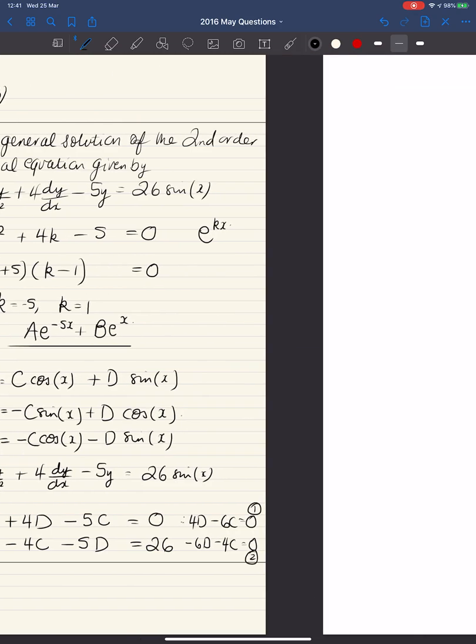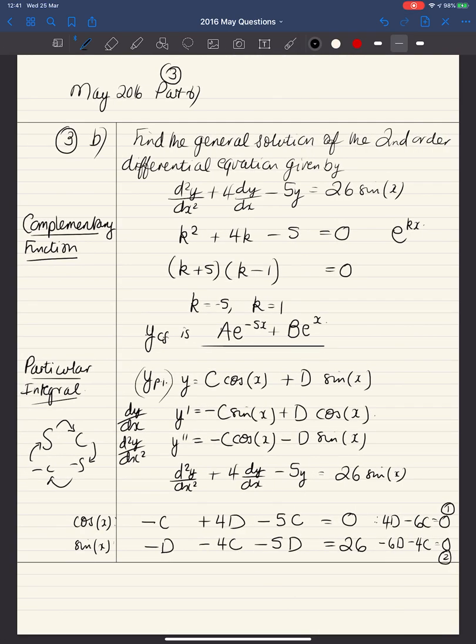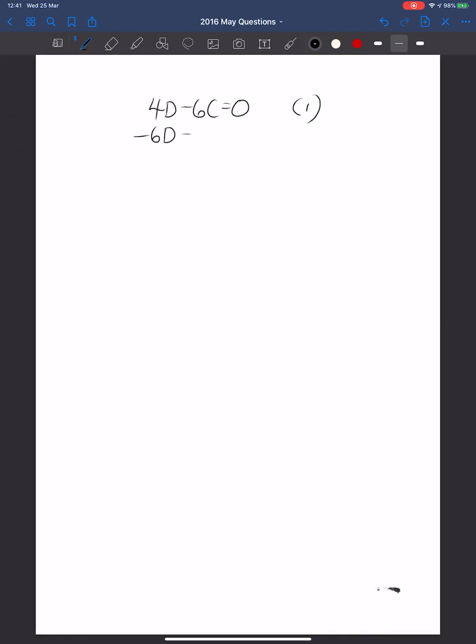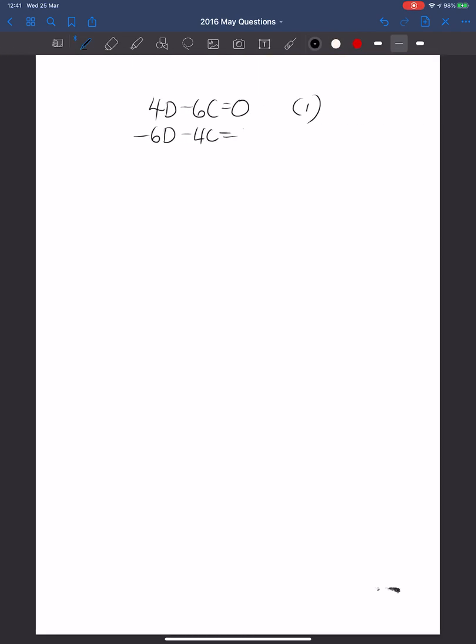Simultaneous equations, I'll write on the next page. 4d minus 6c is 0, and that was equation 1. Minus 6d minus 4c, am I right there? No, they're not both equal to 0. That second one equals 26, and that was equation 2.